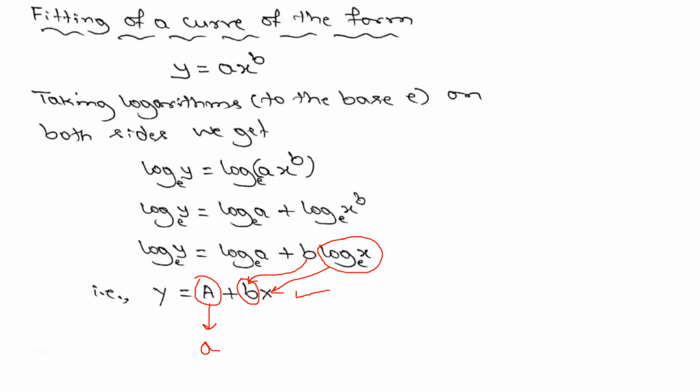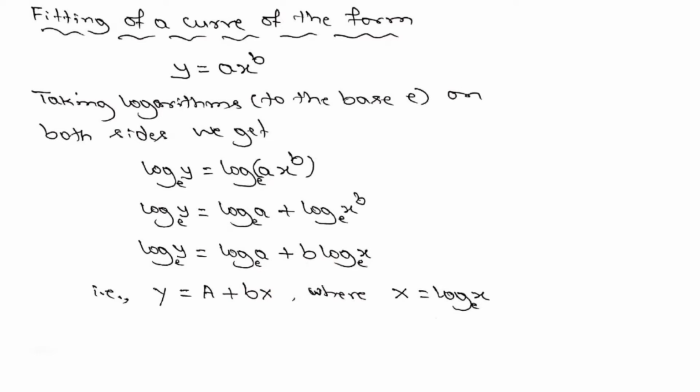First we need to find the values of capital A and small b using the normal equations. Let us define what all terms are there. We have taken log x to the base e as capital X, which we have mentioned here, and also we will take log y to the base e as capital Y, and log a to the base e as capital A, as we have defined here.